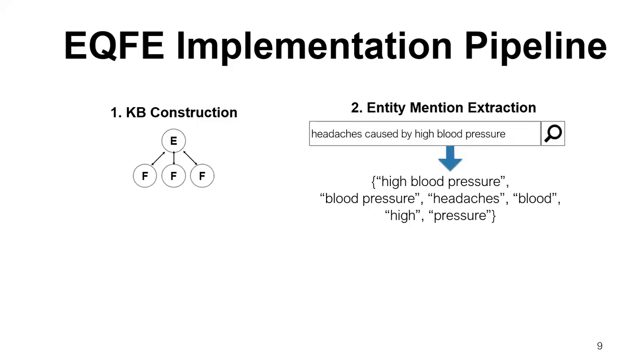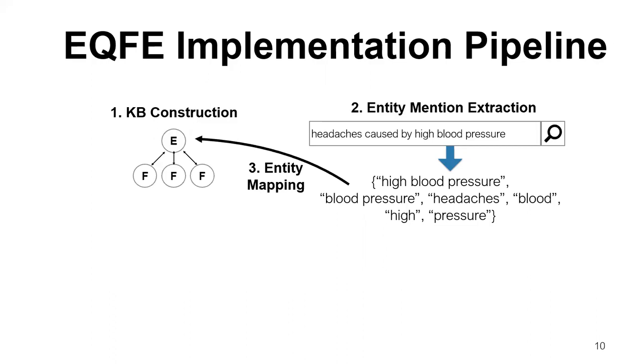The second step is entity mention extraction, where we extract entity mentions from the user query. For example, if the user query is a headache caused by high blood pressure, we extract entity mentions such as high blood pressure, headaches, and so on.